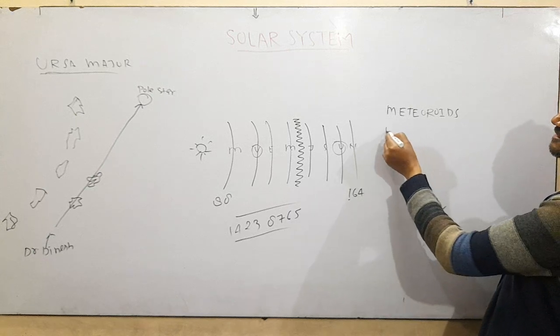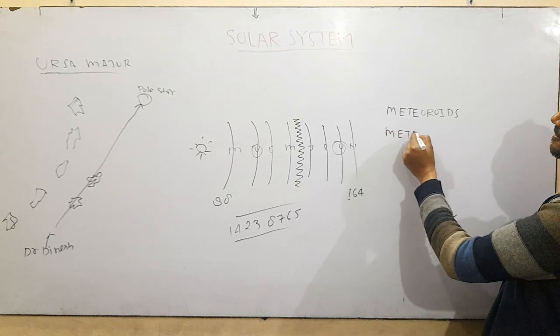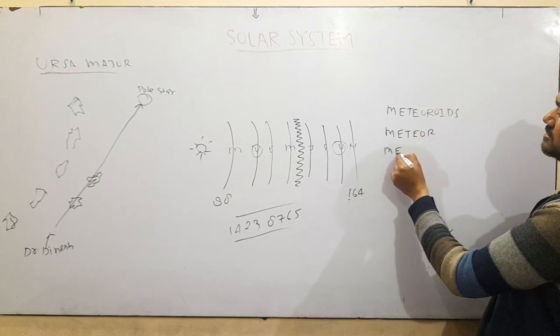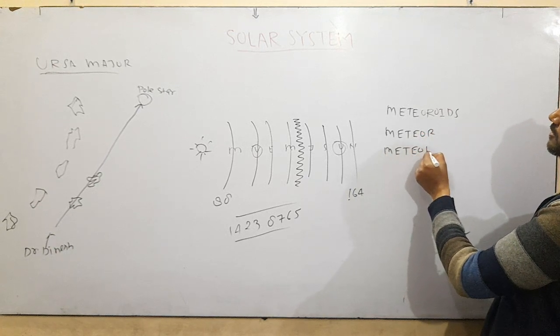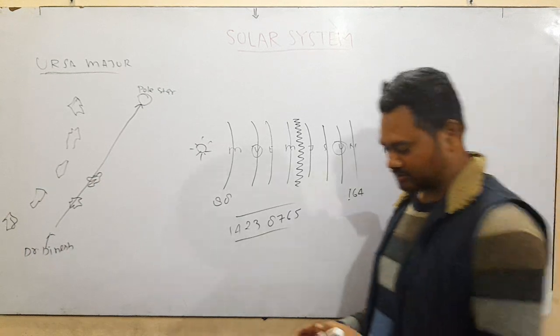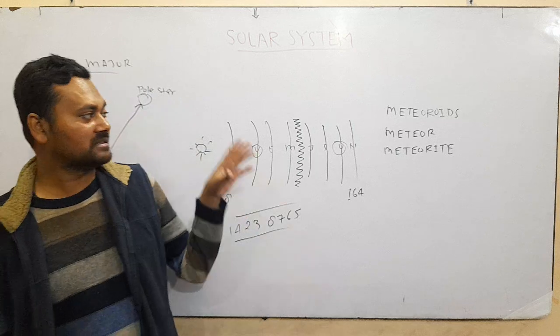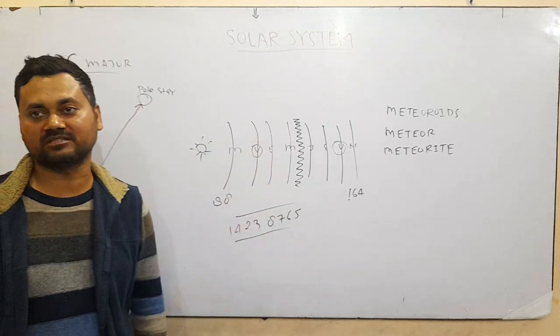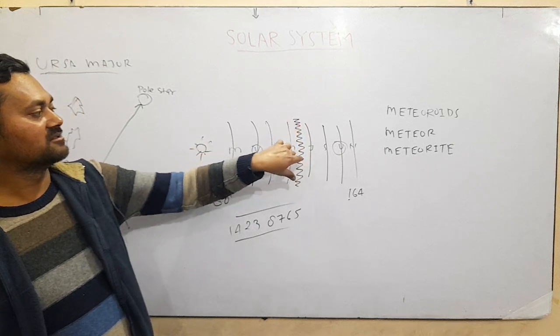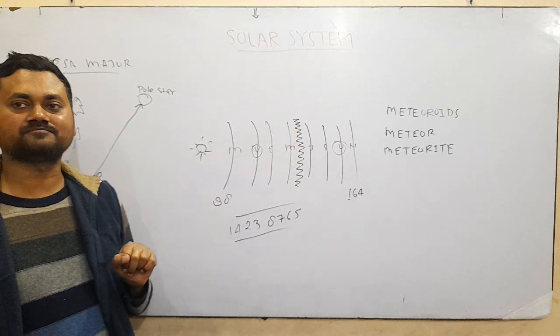The second is meteor, and the third one is meteorite, and asteroid is also there. How are these four terms different from each other, and how are they related to this belt that is called the asteroid belt?